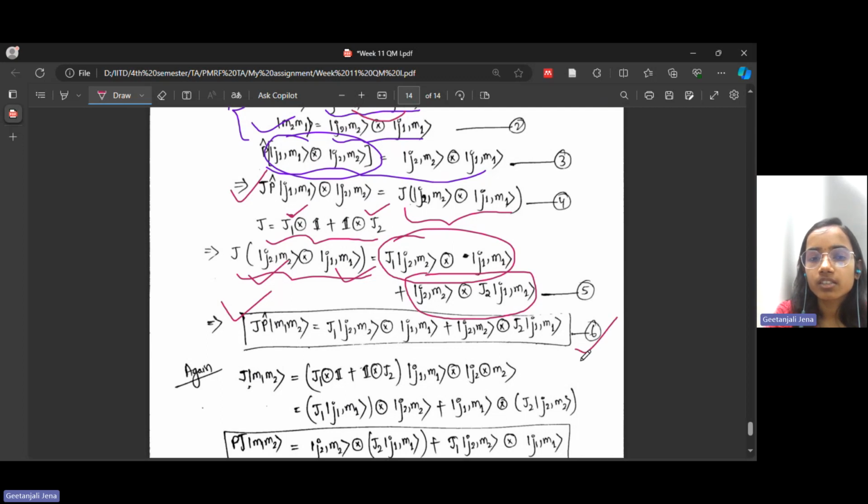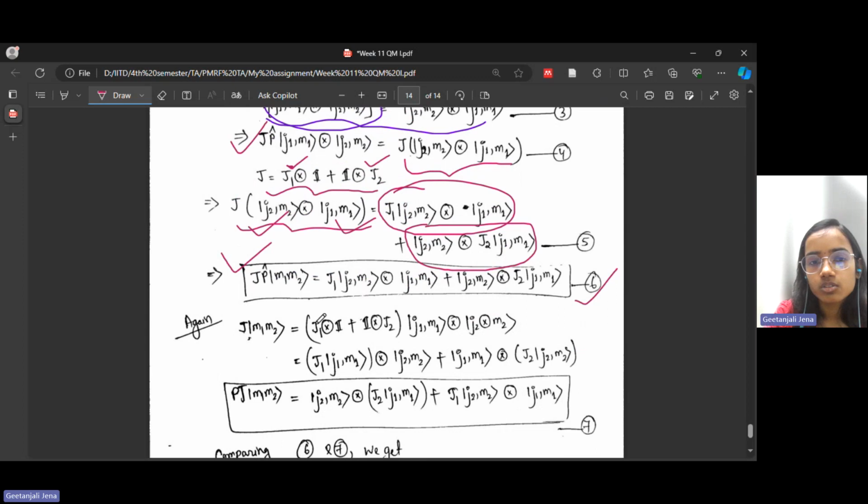So now let us check what the expression for PJ is. For PJ, first J will act. J is J1 tensor identity plus identity tensor J2, and this J1 will act on this, and J2 will act on J2.